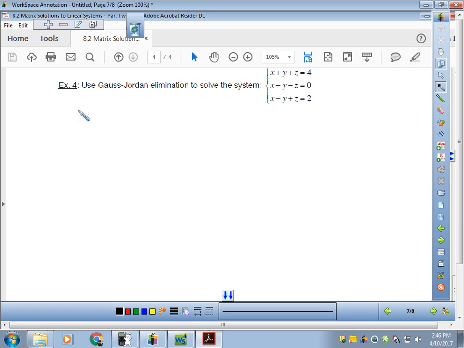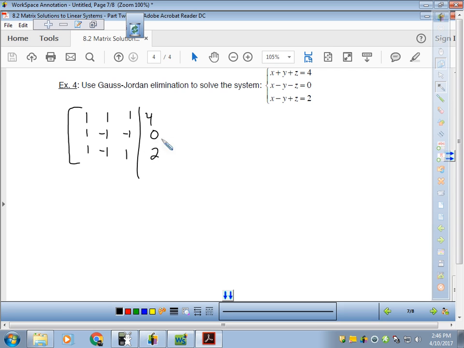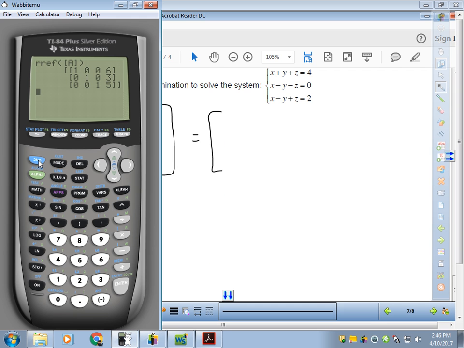So again, we have our matrix for this system of equations. This one is 1, 1, 1, 4, 1, negative 1, negative 1, 0, 1, negative 1, 1, 2. And so we're going to tell the calculator to put it in reduced row echelon form for us.